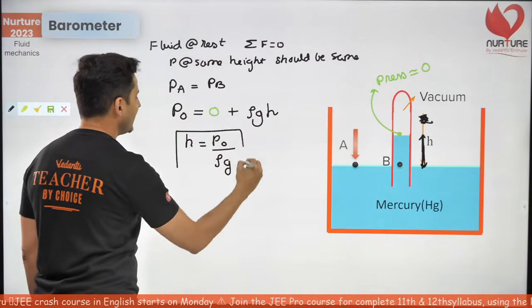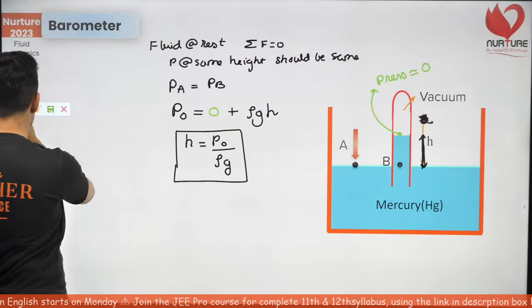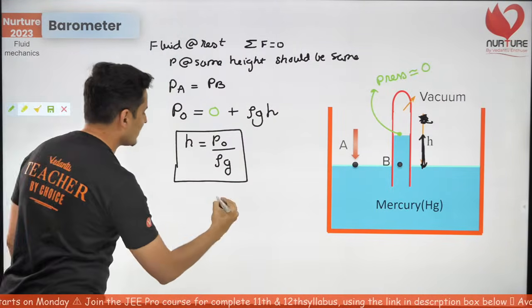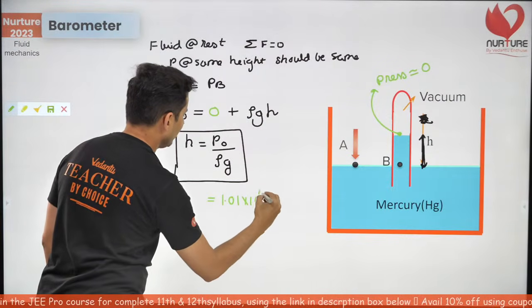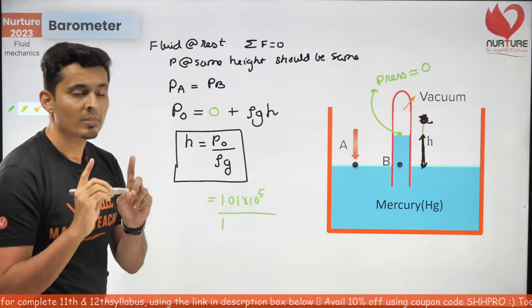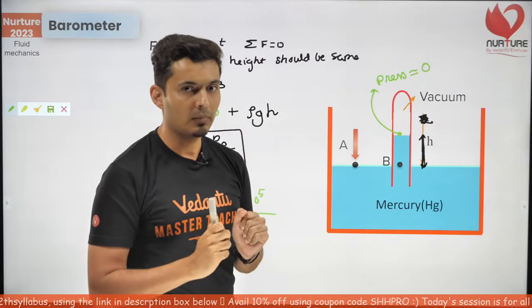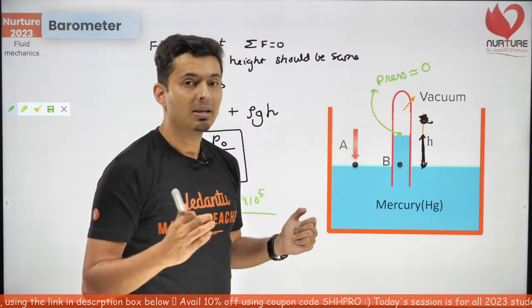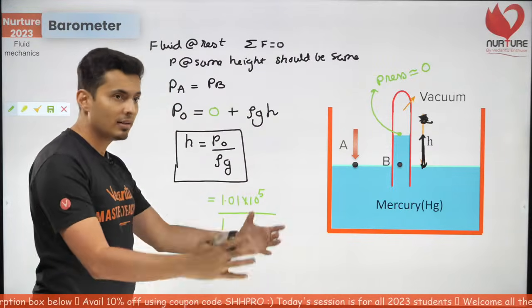Now this is a very interesting equation because if you put the exact values, like 1.01 into 10 to the power 5 for P naught, and rho for mercury. Mercury is 13.6 times heavier than water. It's a very, very heavy metal in liquid form.